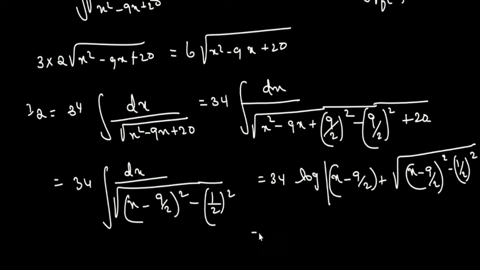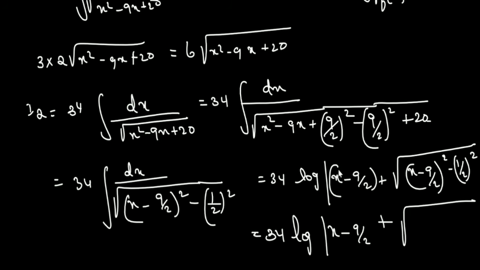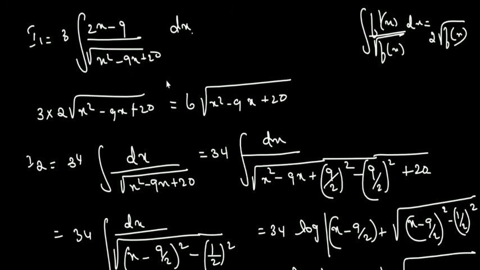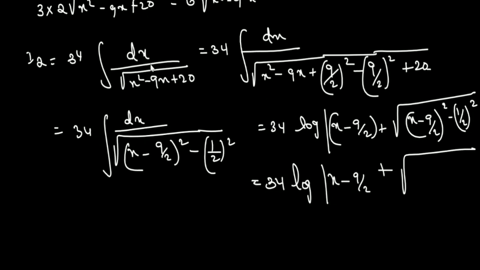So that is equal to 34 log modulus of x minus 9 by 2 plus the root. When you simplify, you get the expression back, because from here only we got this. When you expand it you get back the same thing, x square minus 9x plus 20.